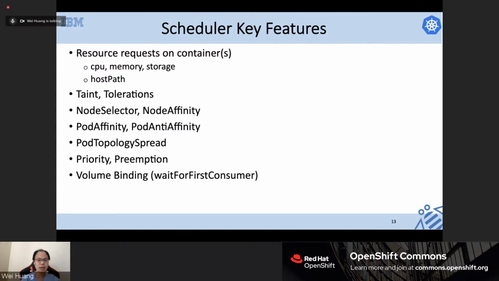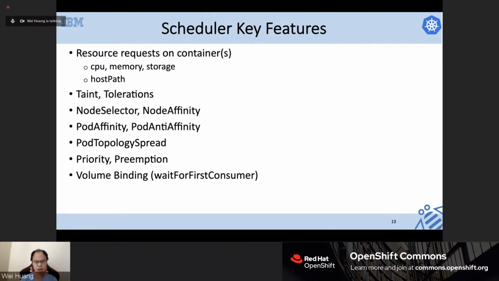Also, if your pod has some tolerations, the matchup with the taints is also done in the scheduler, as well as the node selector, node affinity, pod anti-affinity, and in 1.18, we introduced the pod topology spread. I will mention it a little bit later. Also preemption is a built-in feature, not specific to any kind of workload, but applied to every pod. If you want to have preemption, you can define the priority class.